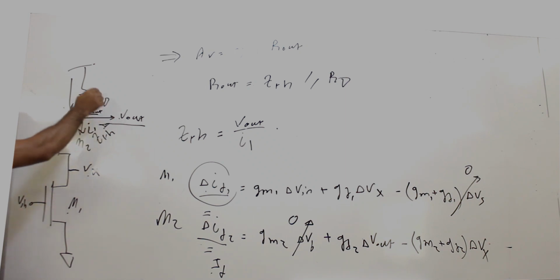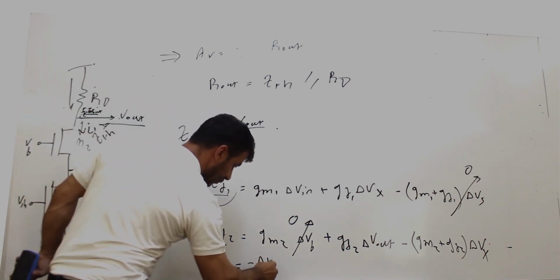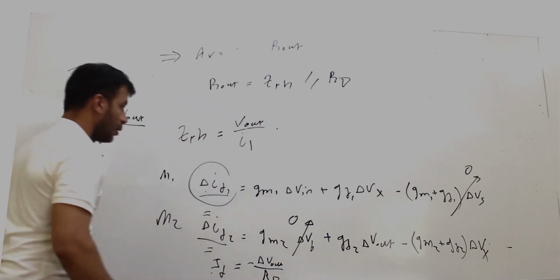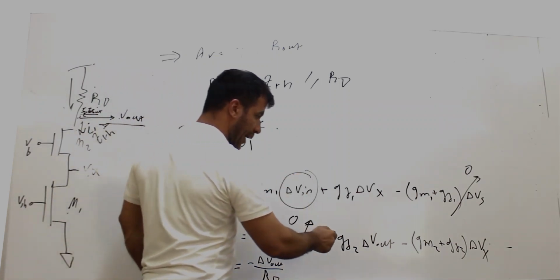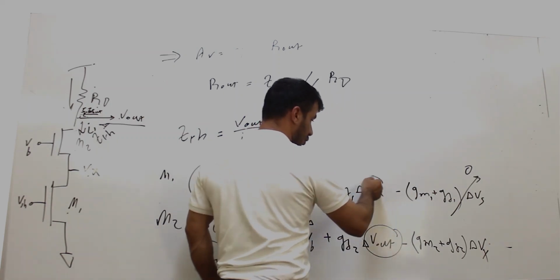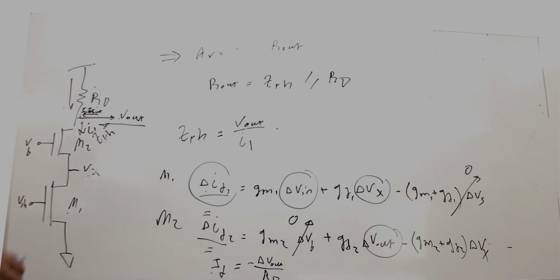Minus delta V output over RD. We have delta Vn over here, and we have delta V output. We just need to get rid of delta Vx, which is an extra variable.